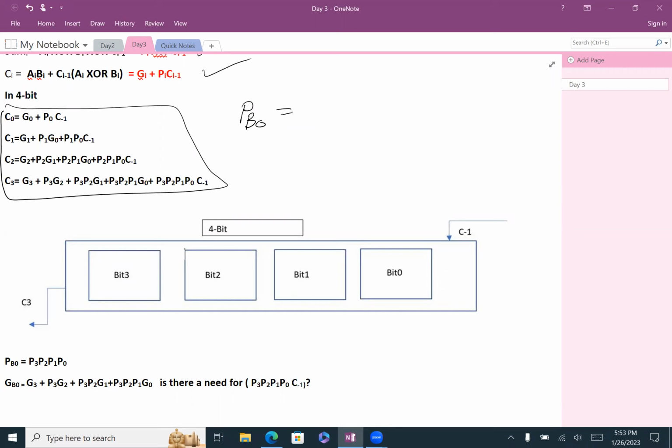There is only one condition. When the carry here, you see the C3, okay? When this carry will be 1, when you input equal 1, then it propagates from here, then to here, then to here, and then to here, correct?